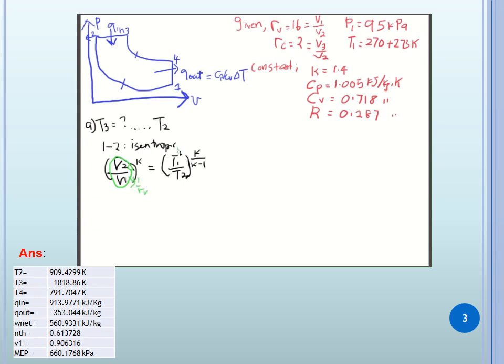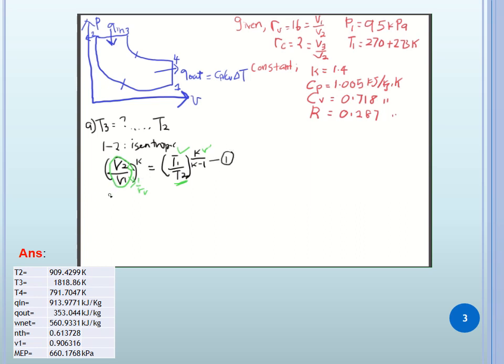And then for T1, we already have the value, and then we can find T2, where K is constant, 1.4. So from this equation we will find T2. We name it equation number 1.